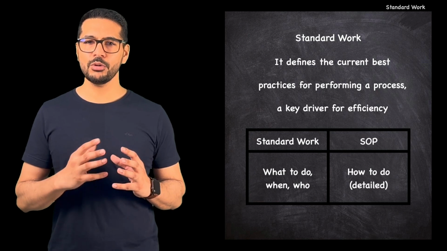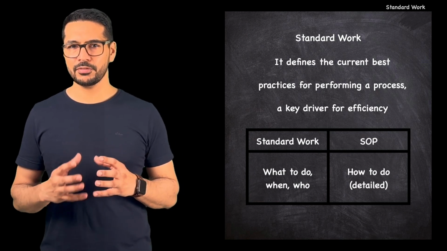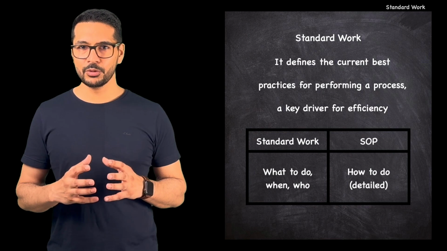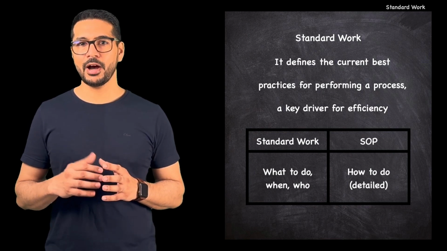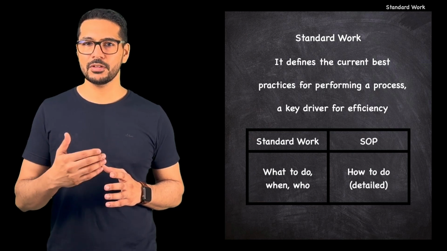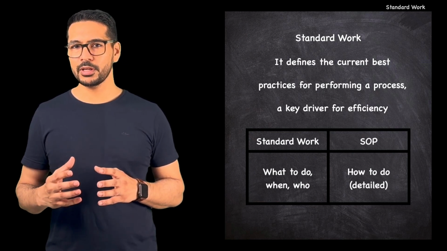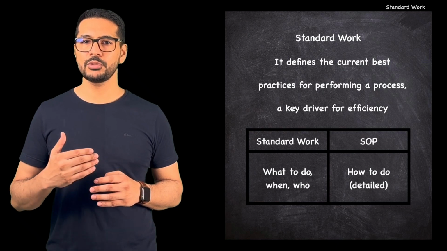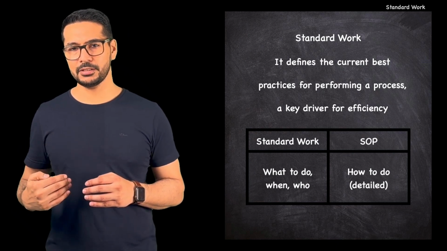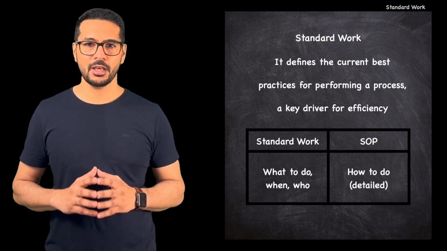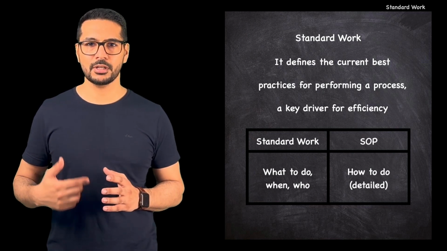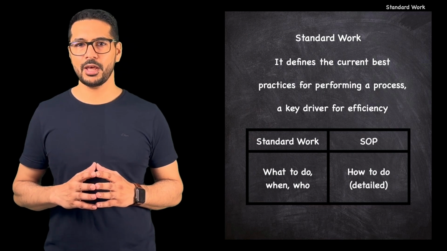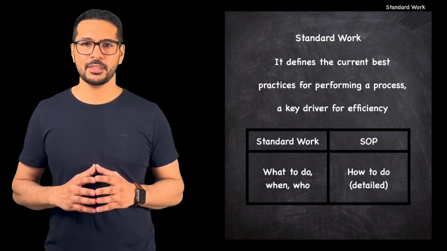Instead of how to do it, standard work defines what to do, who will do it, in which sequence it has to be done, and in the ideal case, why to do it the way it is defined. So the simple goal is that in the long term, people do not deviate from the best practices and keep on performing them unless a new standard work comes into role and redefines the best practices.